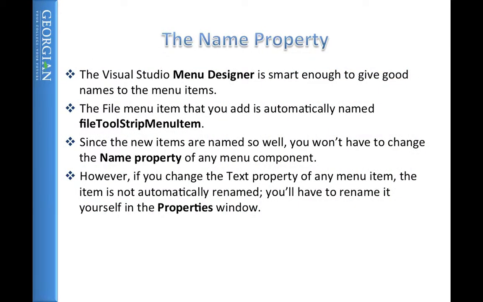And in the menu designer itself, I'm just going to skip this one. If you notice, automatically, when you create a menu item like File, it's going to create the name property as File Tool Strip Menu Item.